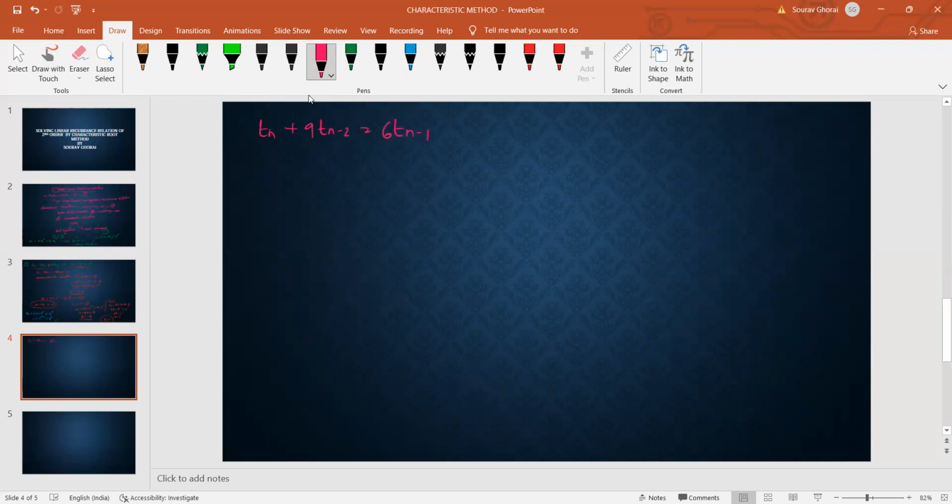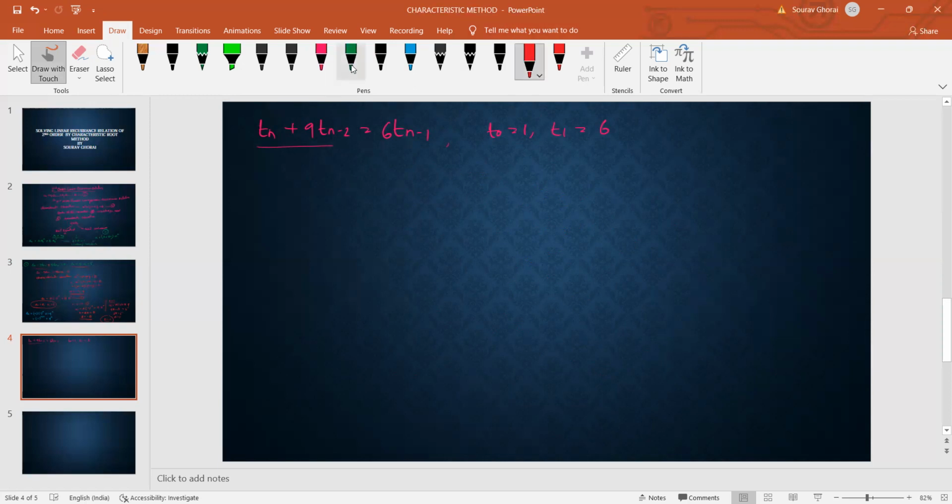From here, we have to solve, and it is also given that the condition T0 is equal to 1 and T1 is equal to 6. So how can we solve it? This is the equation given.